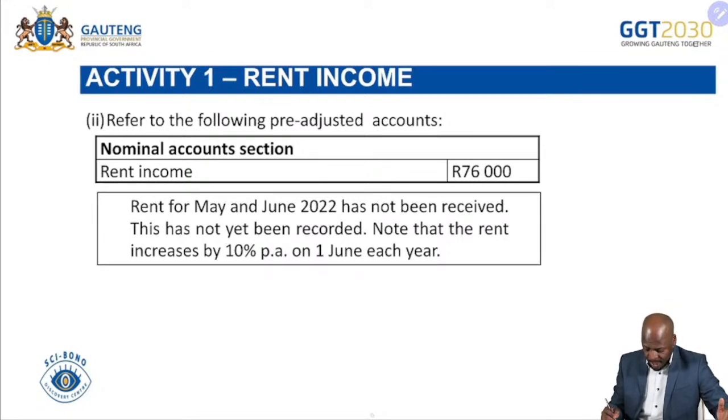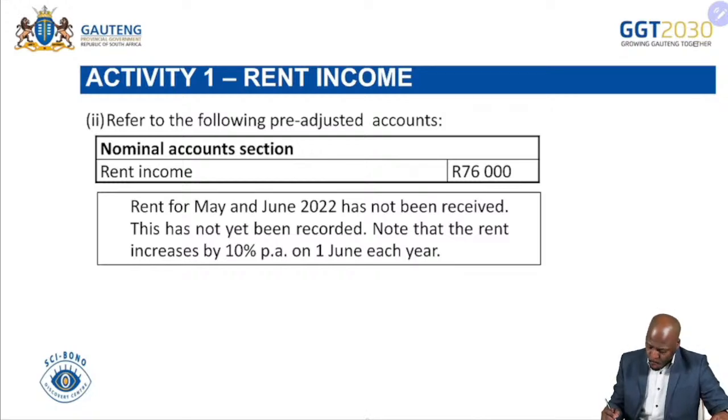When is your financial year ending? Things like that will help you in this particular case. But let us listen to this: rent for May and June has not yet been received, and the rent has increased by 10% on the 1st of June.